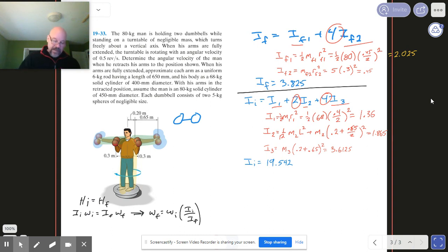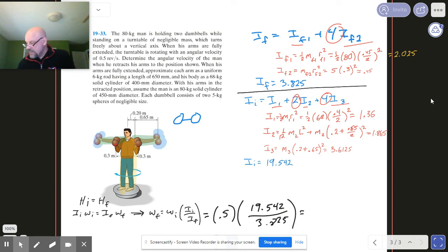Now let's go back to where we started. This thing was going at a half a revolution per second. Then we multiply by the initial moment of inertia, 19.542, over the final, 3.825, and you can see he speeds up quite a bit, to 2.555.